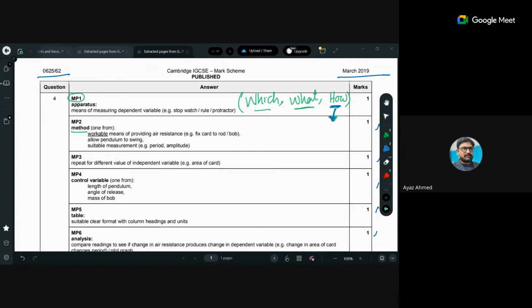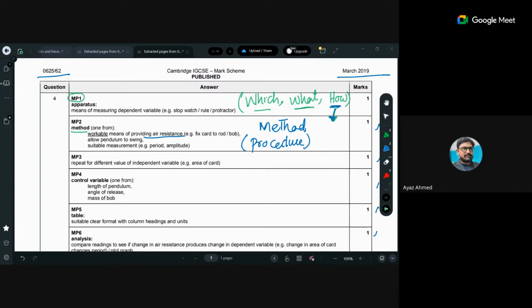That's why I'm not going to get into all the specifications at the first stage. I will just tell you that you have to describe the method, and that mark is also there. We simply call it procedure. You have to write the complete procedure, what to do, how to do.